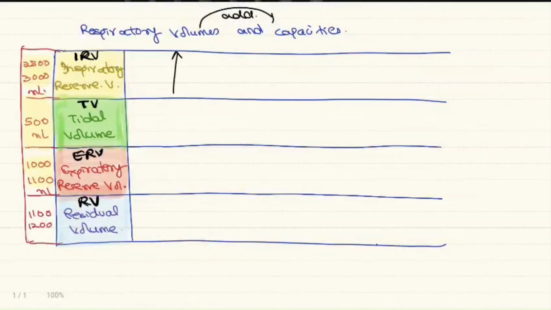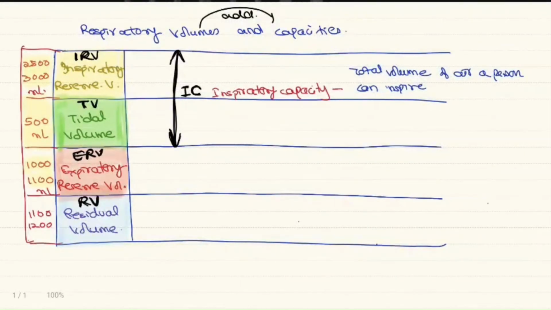So what will I get if I add IRV and TV? So IRV is also inhalation, TV is also inhalation, a part is there. That is, this will form inspiratory capacity. So what is inspiratory capacity? So inspiratory capacity is the total volume of air that a person can inspire after normal expiration.